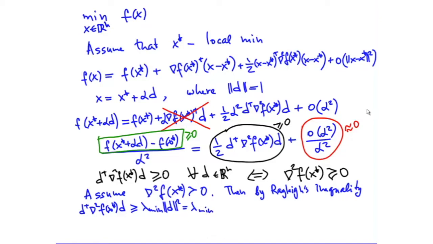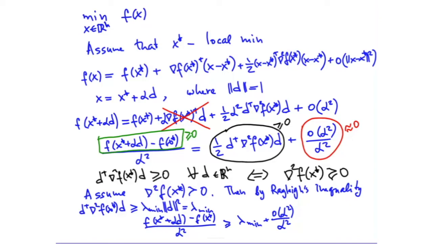And then if I use this in this expression here, we'll have f of x star plus alpha d minus f of x star, divided by alpha squared, greater than or equal to lambda min plus o of alpha squared divided by alpha squared, right?